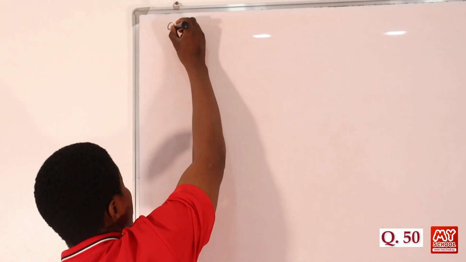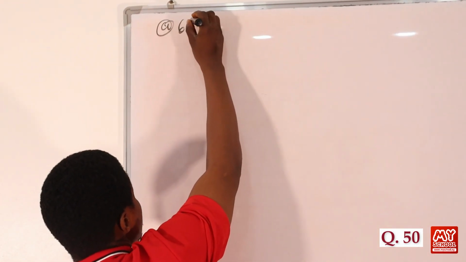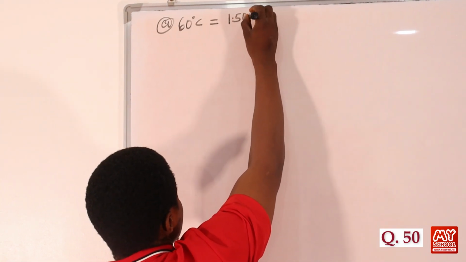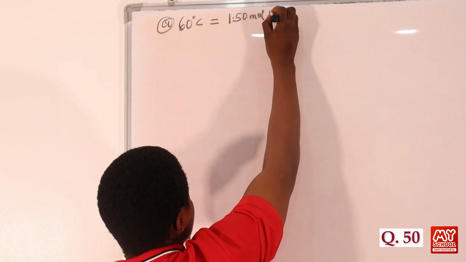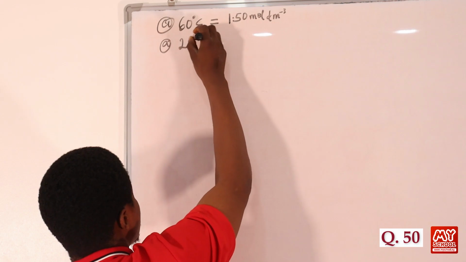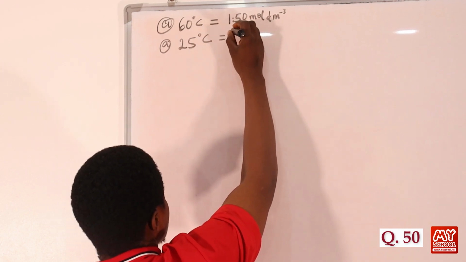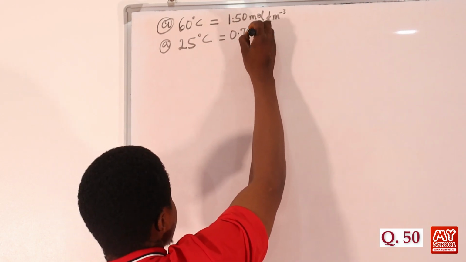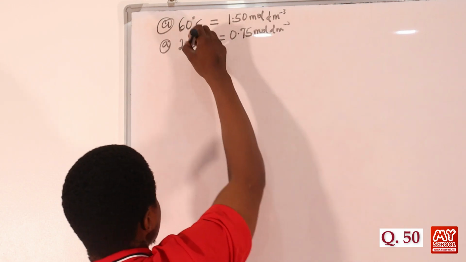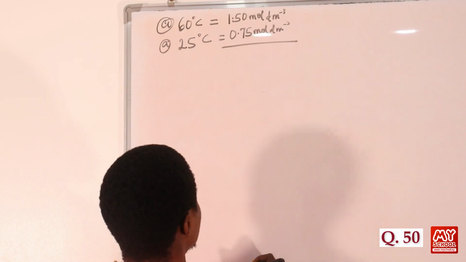So already we said that at 60 degrees Celsius, solubility was 1.50 mole per dm cube, and then at 25 degrees Celsius, solubility was 0.75 mole per dm cube. So first we need to find the difference in the solubility of the two of them.